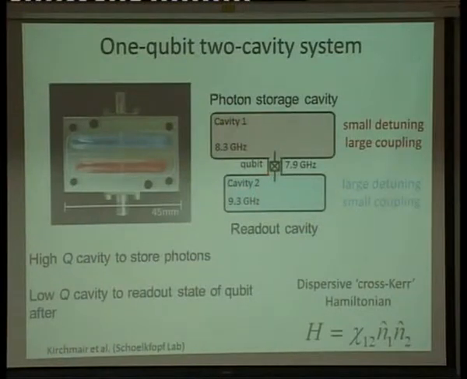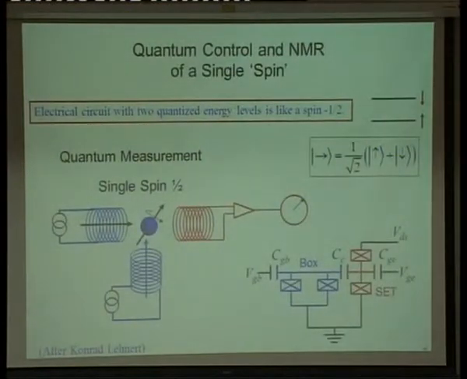And you can use this cavity, as I will show you, to read out the state either of the qubit or the photon state of the other cavity. And people are working on multiple qubits and single cavities, and one qubit connecting multiple cavities, and multiple qubits now connecting multiple cavities. So it's a very interesting time with a great deal of progress.